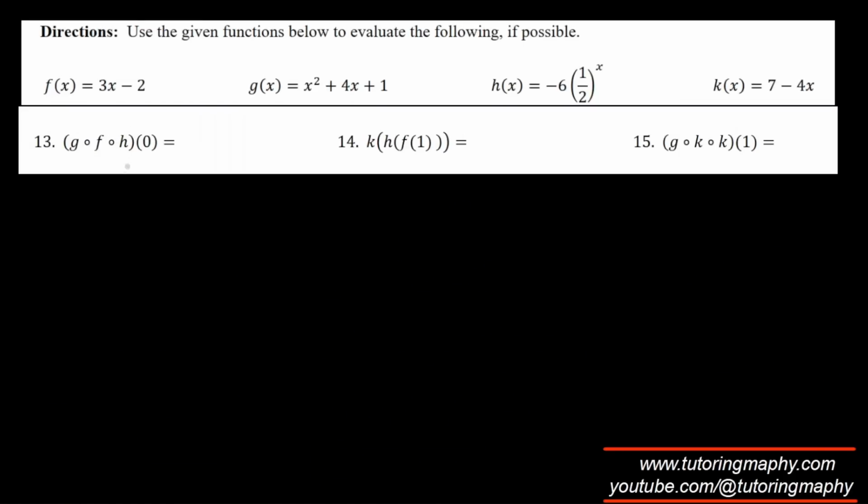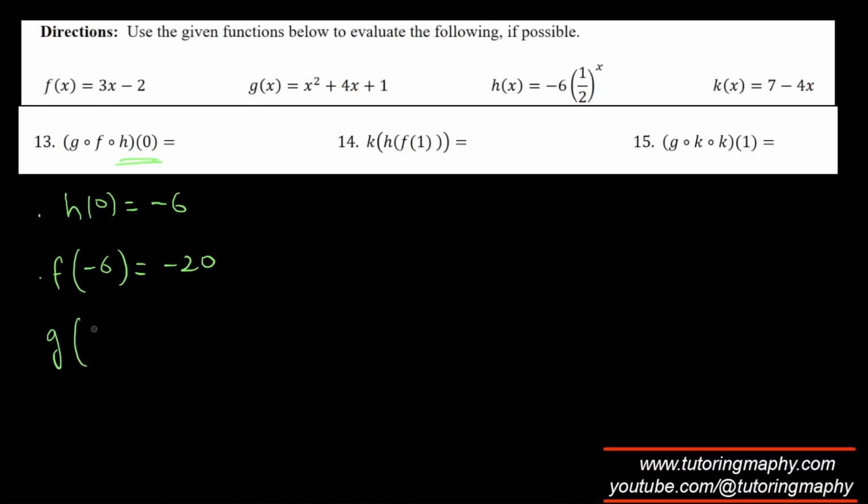All right, finally, let's start with the most right, which is h of 0. So h of 0 is we replace x with 0 over here. 1 over 2 raised to 0 is 1. So this will be negative 6. Then f of h of 0. So f of negative 6 is going to be negative 6 times 3 is negative 18, and negative 18 minus 2 is negative 20.